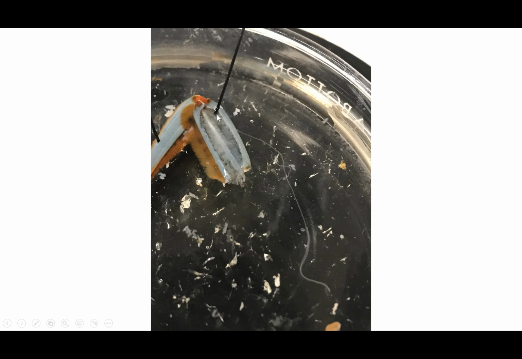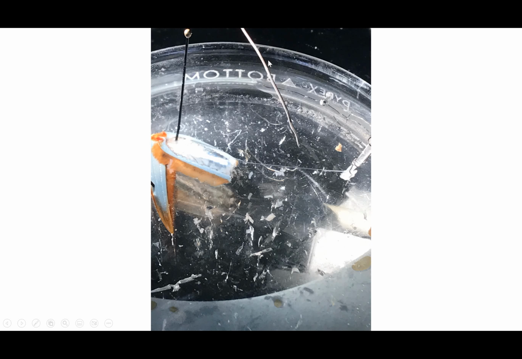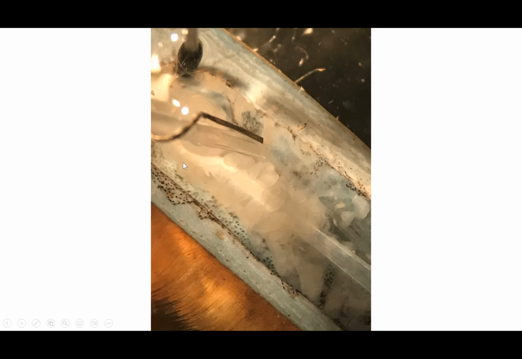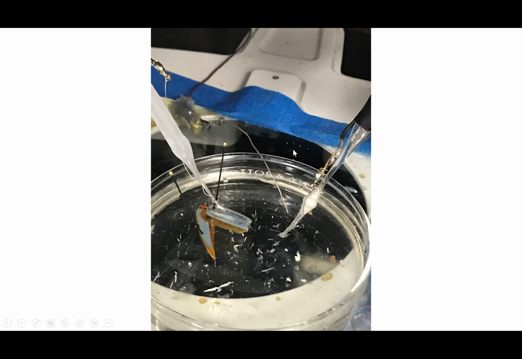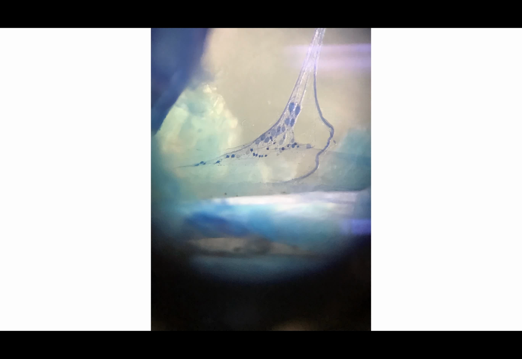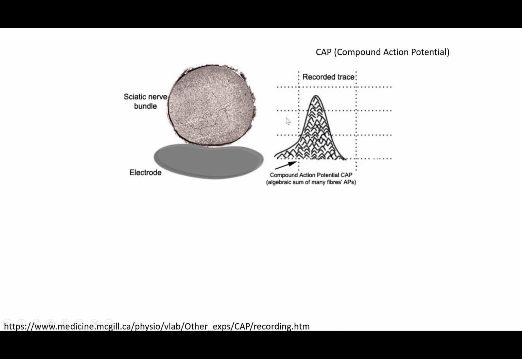You can also move the joint, if one wanted to, and record the joint activity at the same time as recording the compound action potential. There's a suction electrode over here on the right, so we can record it. There's another suction electrode right here that's recording on the nerve, and now we can stimulate and record the response, as well as activate these neurons in the background if we want to.